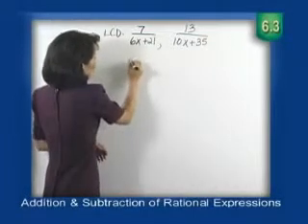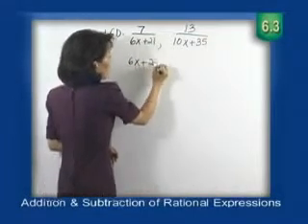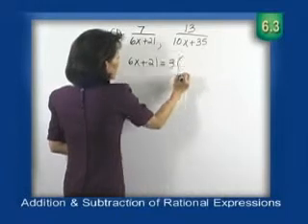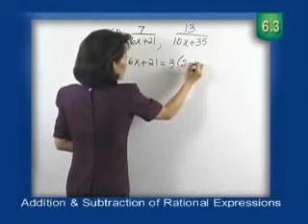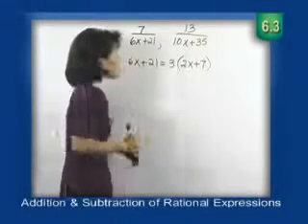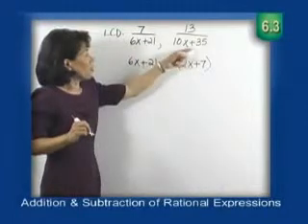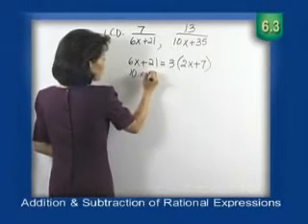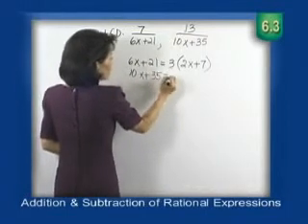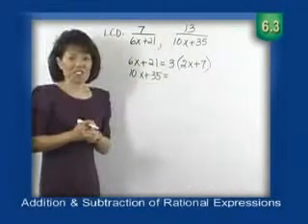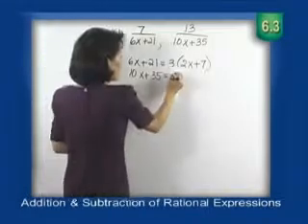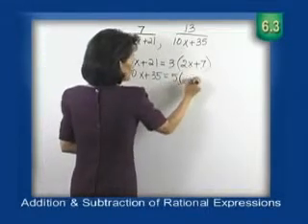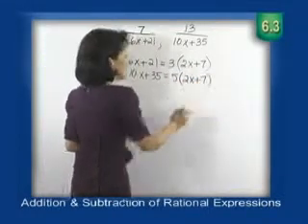So we'll write 6x plus 21 as 3 times 2x plus 7. Let's also factor our 10x plus 35. 10x plus 35 equals, greatest common factor between 10 and 35? How about 5? 5 times 2x plus 7.